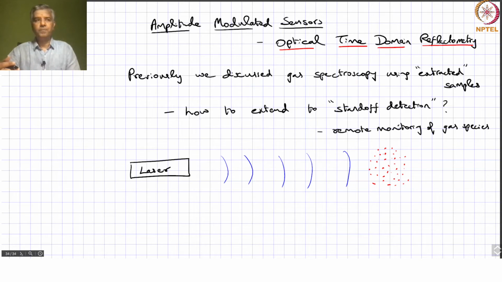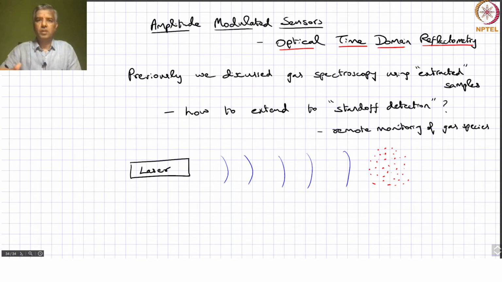Even as light propagates through our atmosphere, we know that the atmosphere consists of various types of gases, and there are density fluctuations in the atmosphere whose scale is much less than the wavelength of light, much less than a micron.